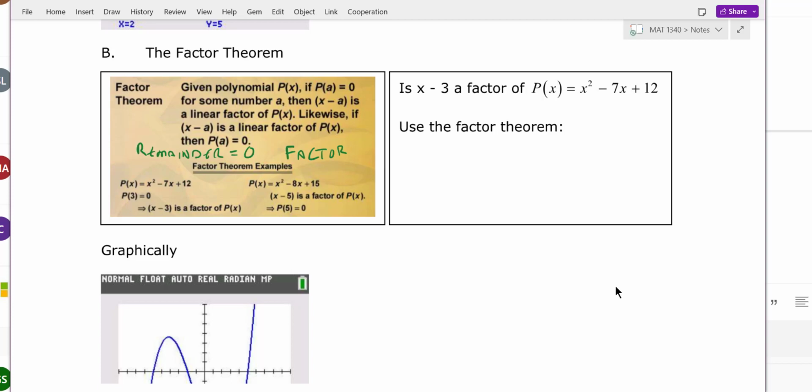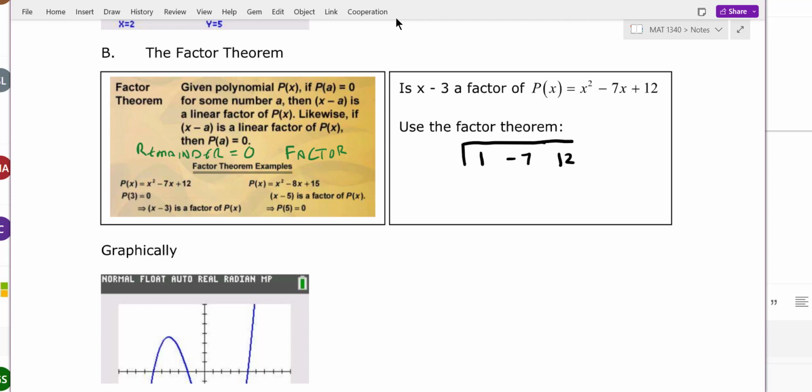So what we're interested in is if we factored this polynomial, x squared minus 7x plus 12, we're interested in seeing if this is one of the factors of that polynomial. So what we do is we're going to do synthetic division of this. So we have a coefficient of 1, we have a coefficient of -7, and 12.